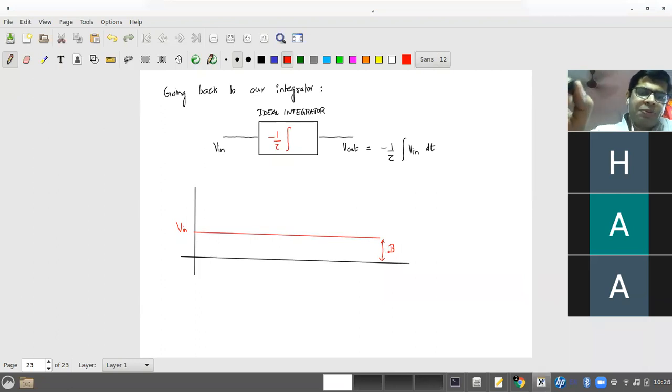So what would you expect V out to be? Some BT plus constant. All right. And I assume that at 0, my output is 0. BT linear, but because this tau is there, what should it be? Minus BT by tau, right? So if I were to take the output, I expect the output to go something like this. What would be the slope of this?